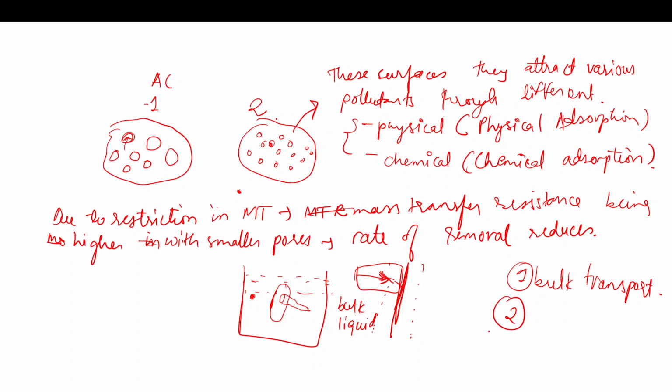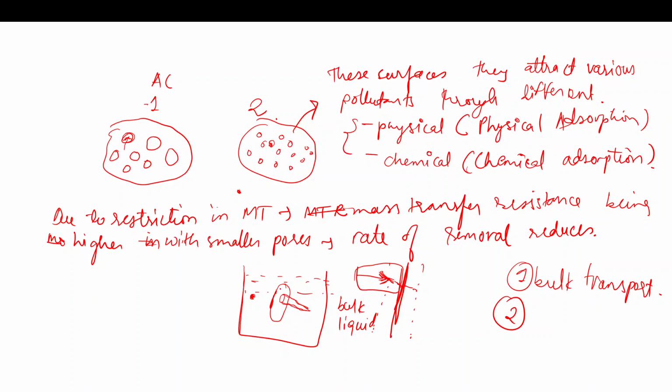Now the second step is the internal transport, which could be within the pores. There are pores and it has to travel through these pores. As I said, the pore size also defines how fast it adsorbs.